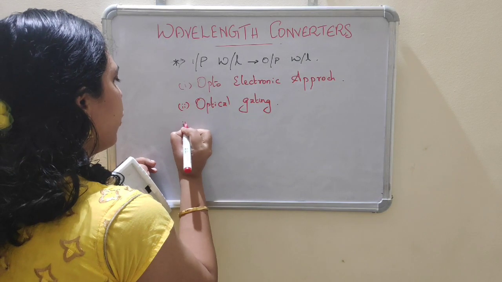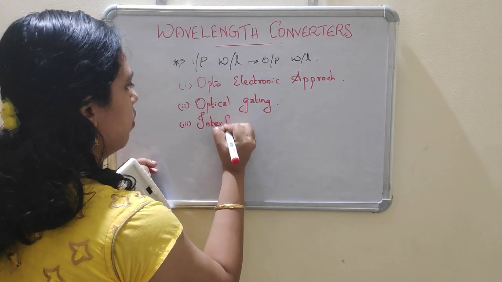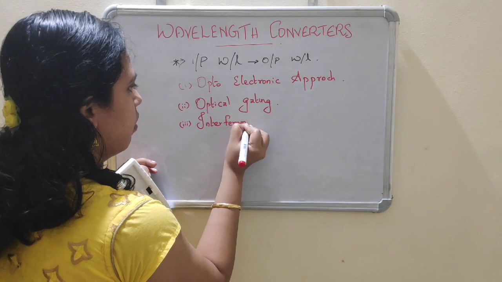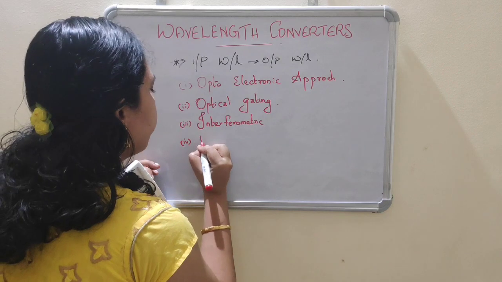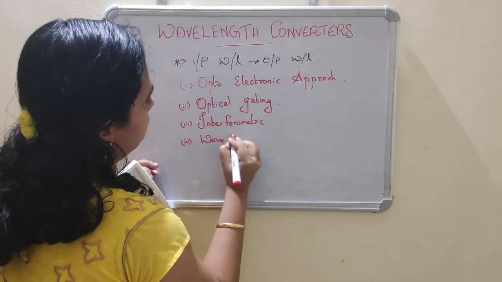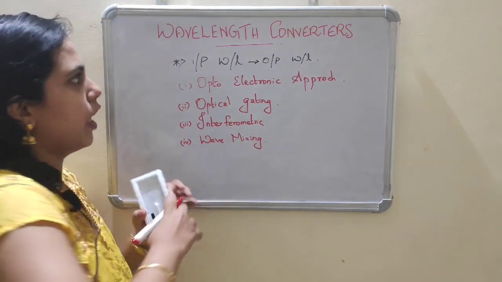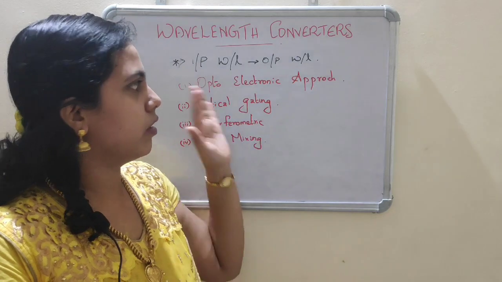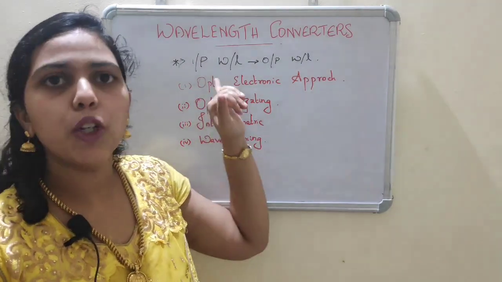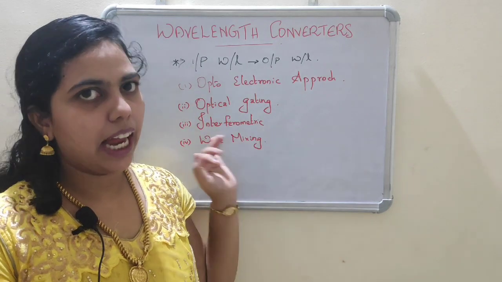Third one is interferometric. And the last one is wave mixing. These are the 4 ways to achieve these wavelength converters.